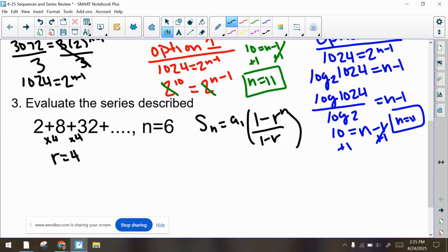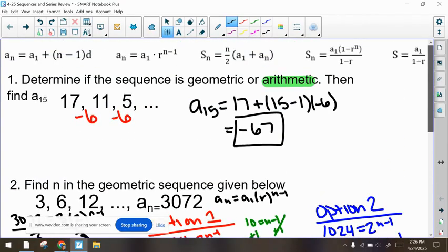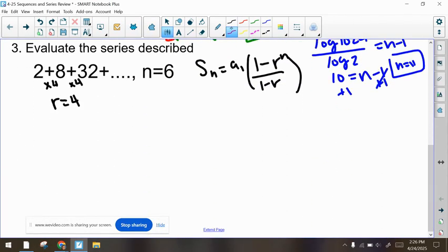We'll notice that for a geometric series, we only need to know the first term, the common ratio, and what n is equal to. Where if it were an arithmetic series, we would first have to find the nth term and then plug that in to find the sum of n terms. So this way I think is a little bit easier if we're doing a series.